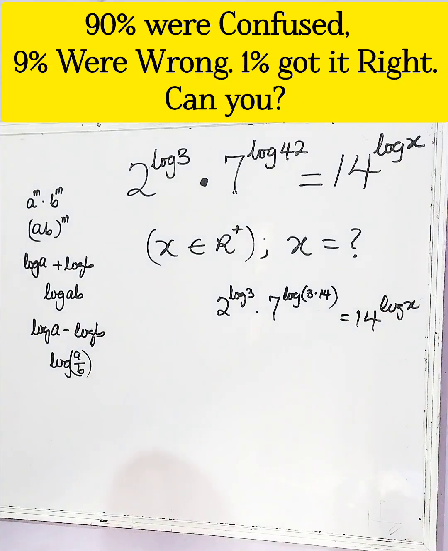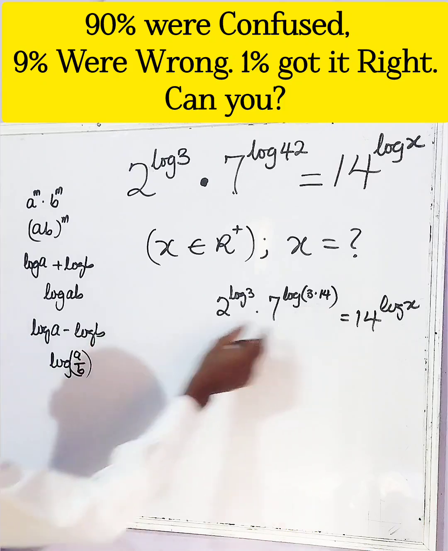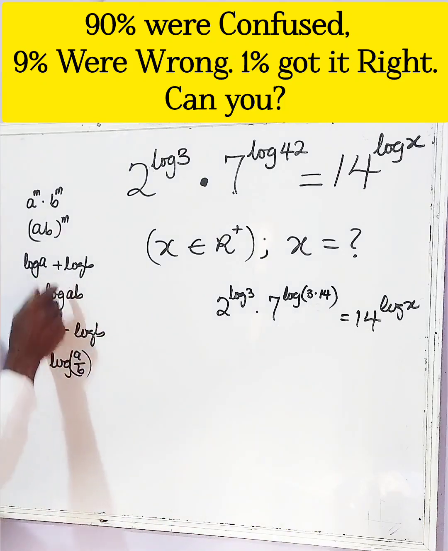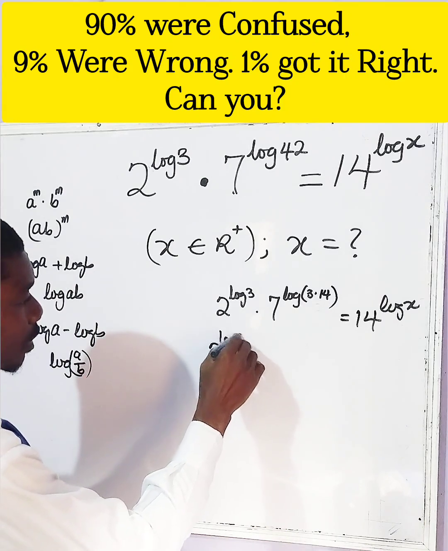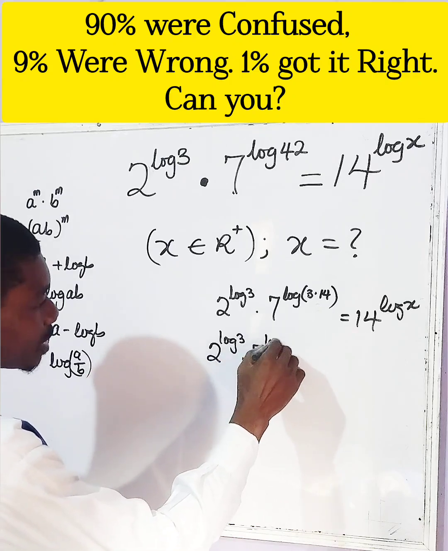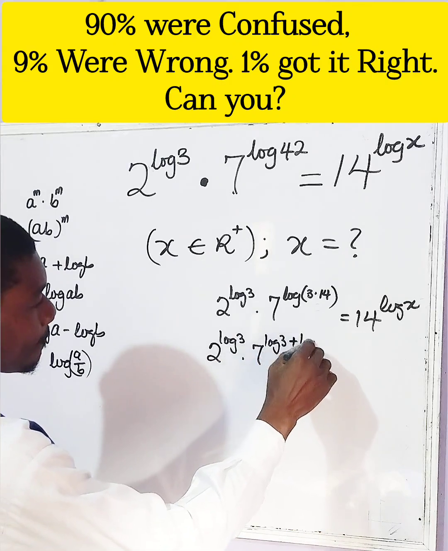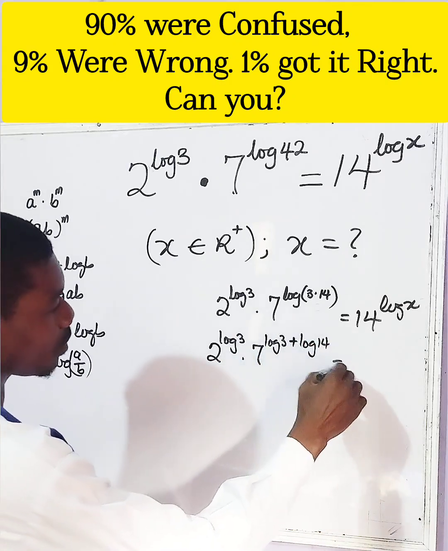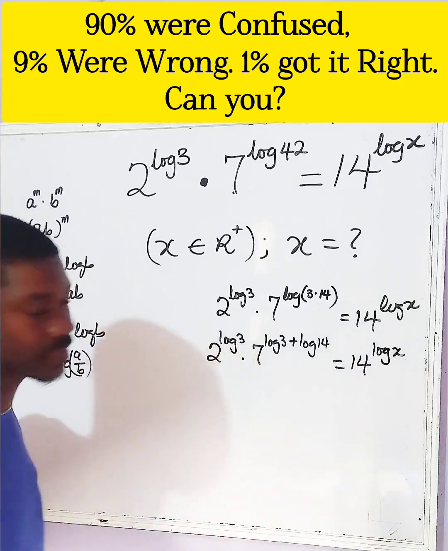Now take note of this. It's the same thing as this, right? So which means we can transform it to this. So here we have 2 log 3 times 7, then log 3, then plus log 14, then equals 14 log x.